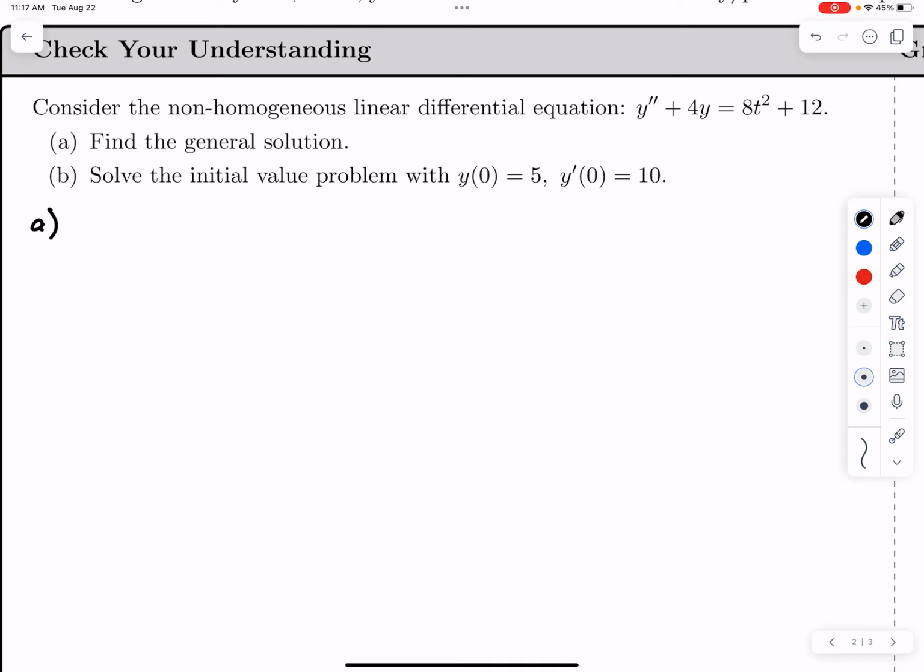First we're going to find the homogeneous solution, so y_h. So we're going to solve the homogeneous problem, and the homogeneous problem is y double prime plus 4y set equal to 0. That's that homogeneous differential equation.